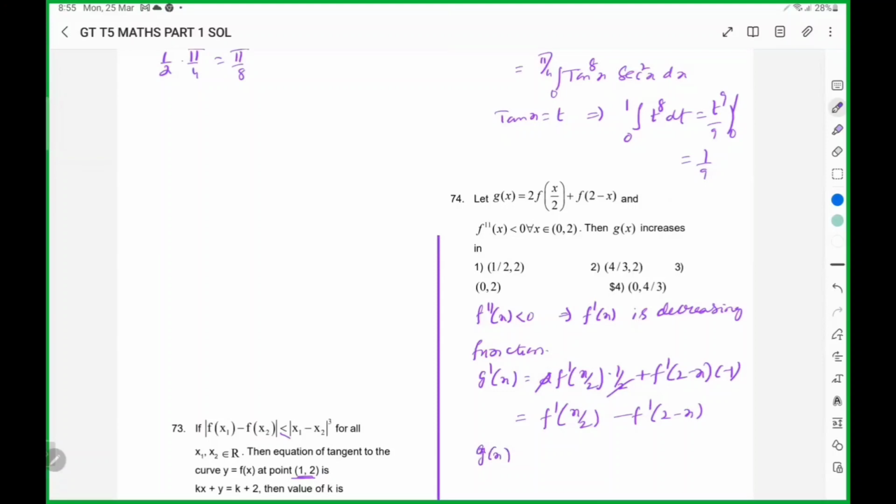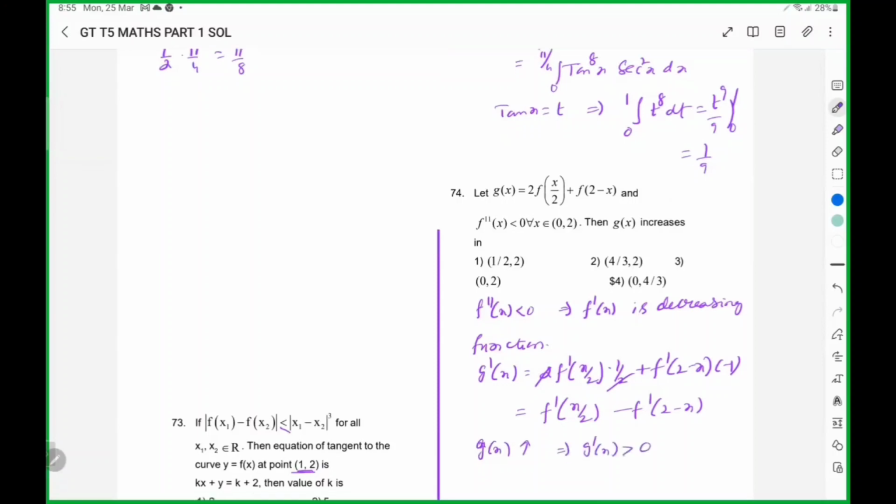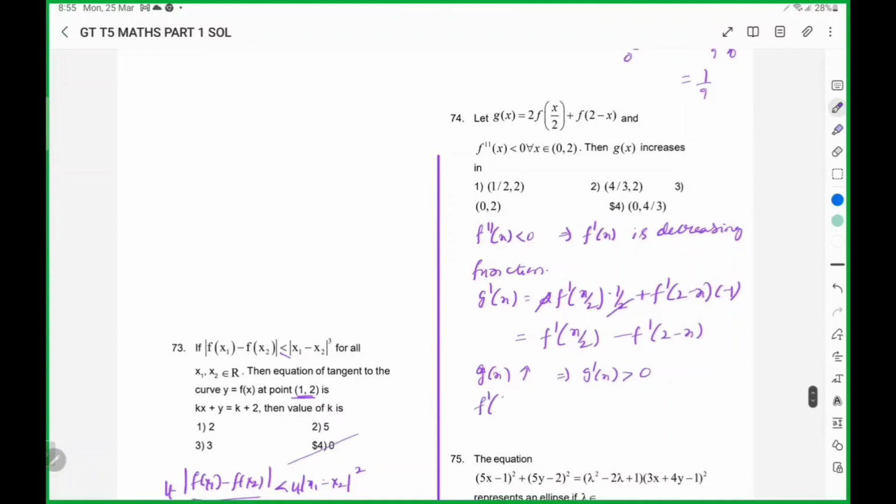G of x, he has given, increases means g dash x must be greater than 0. F dash x by 2 minus f dash 2 minus x must be greater than 0.